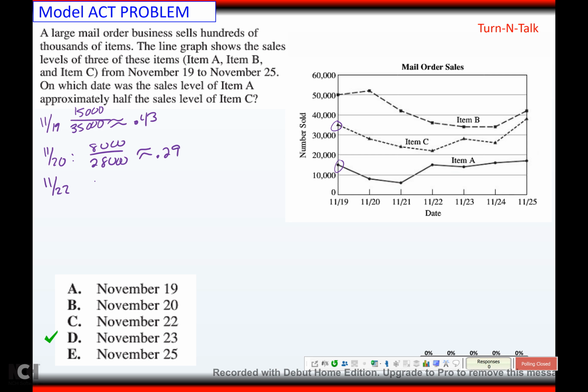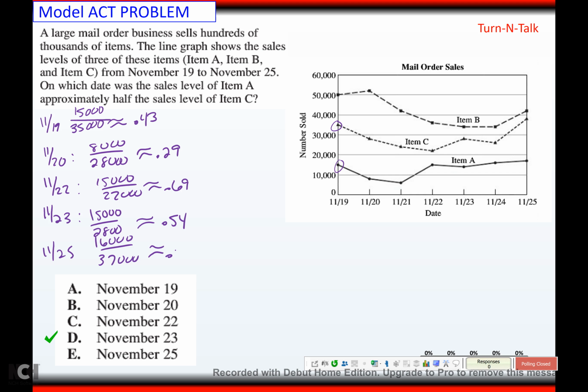On the 22nd, you have A is 15,000, C is 22,000, which comes out to about 0.69. On the 23rd, you have 15,000 by 28,000, which is approximately 0.54. And on the 25th, you have 16,000 approximately by 37,000, which is 0.43. So that's closest to 50%.